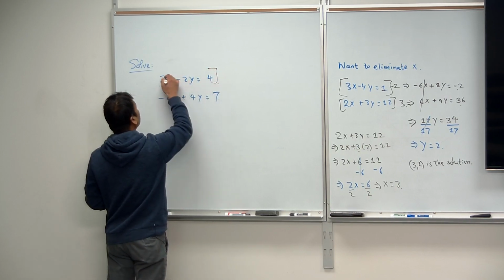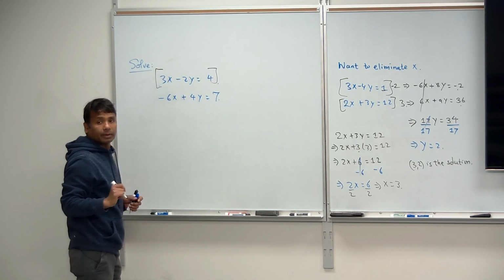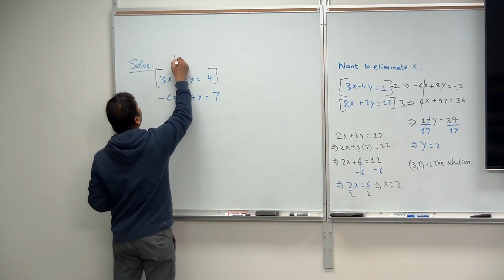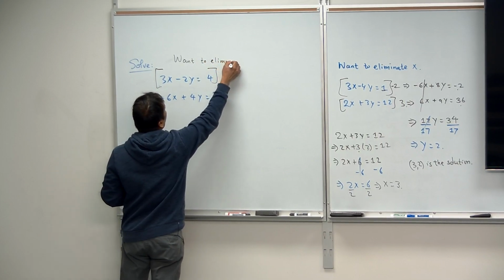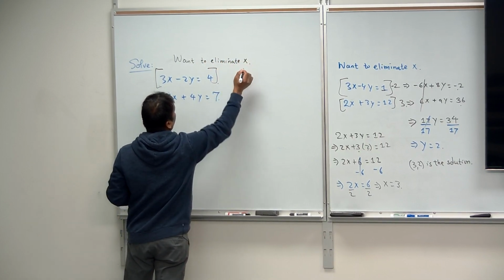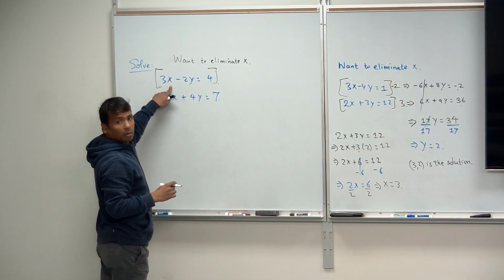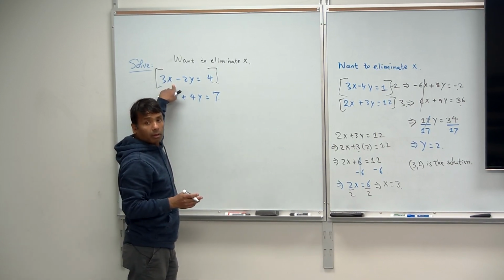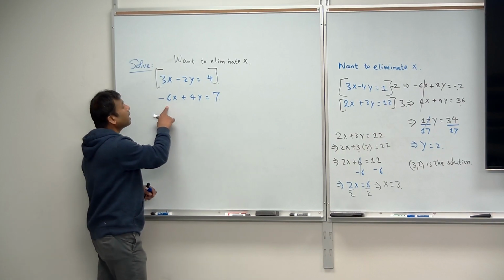So I want to multiply the first equation by what? I want to eliminate x. What is the coefficient of x in the second equation?